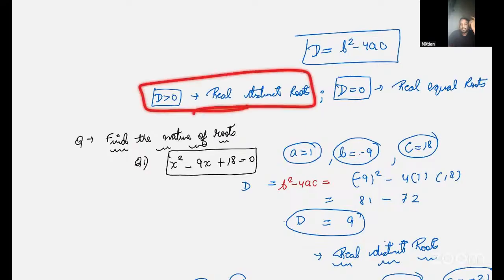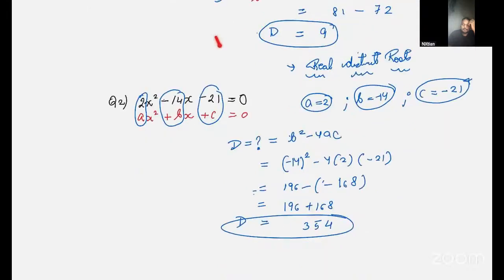So you have to write that it will be real distinct. Got it, everyone? Real distinct.